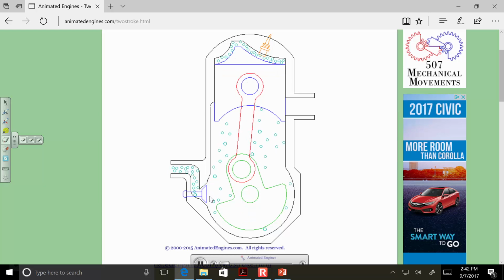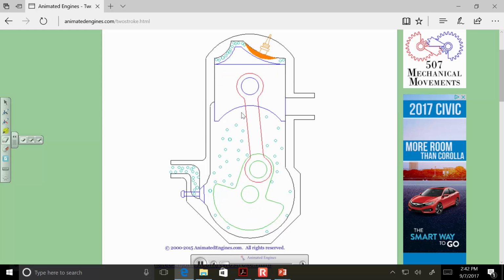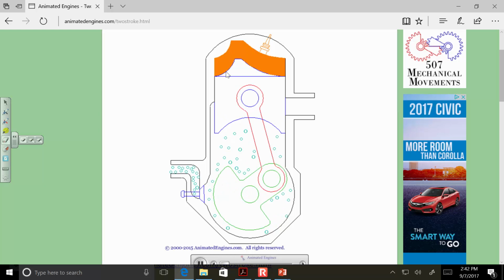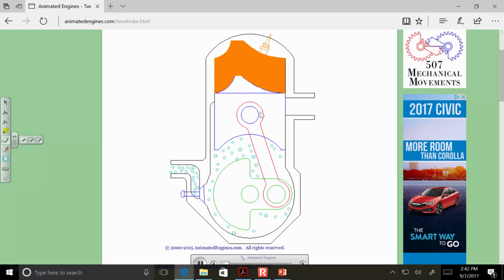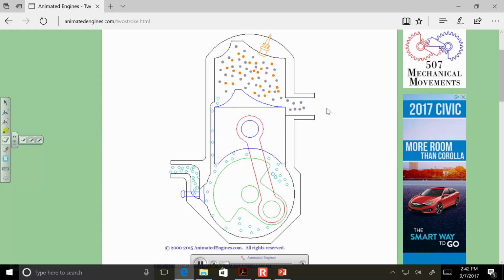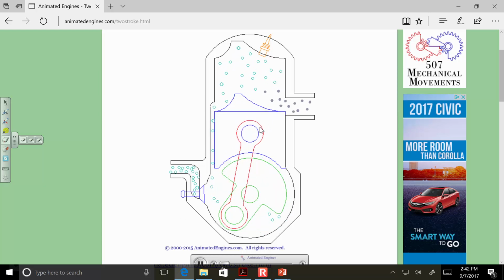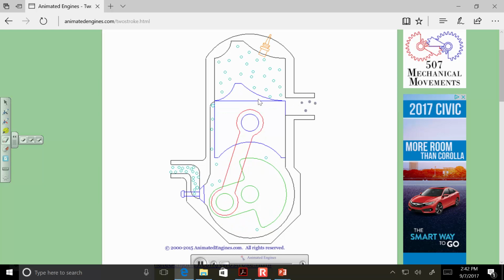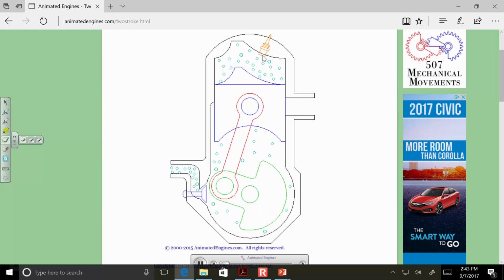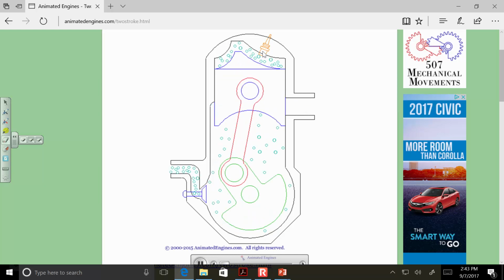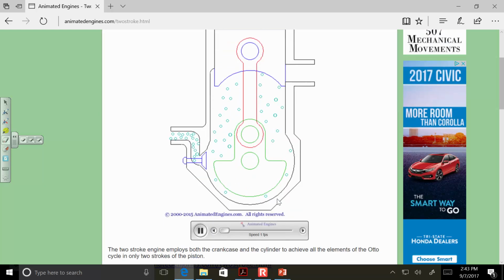So it's letting in this air-fuel mixture. It goes into this cylinder, comes down. The gas byproducts are vented out while more is allowed to come in. And then as it compresses and the spark happens, the piston is forced down again.